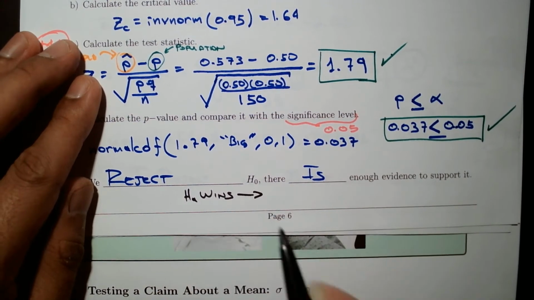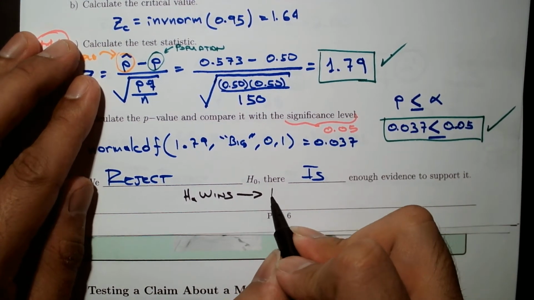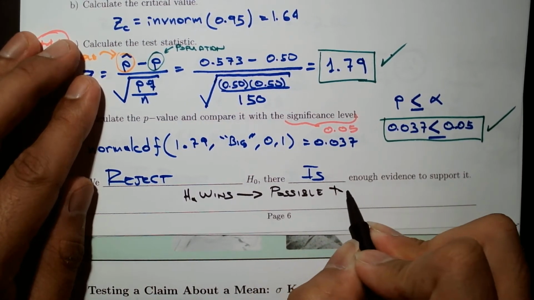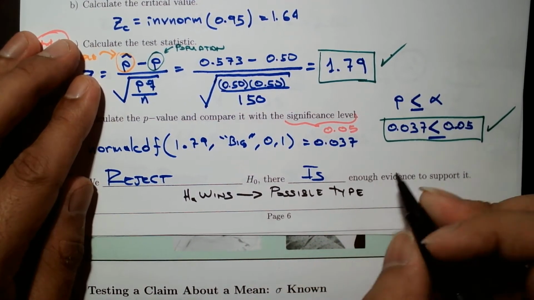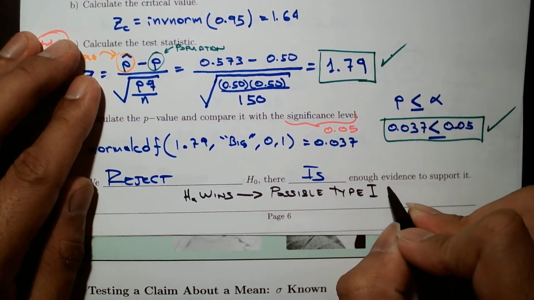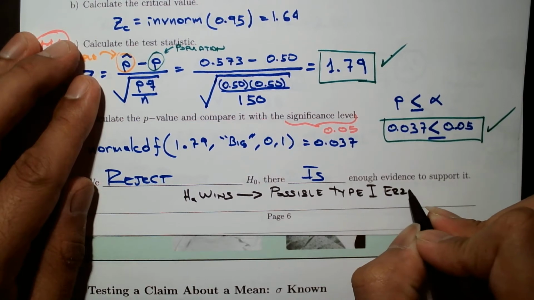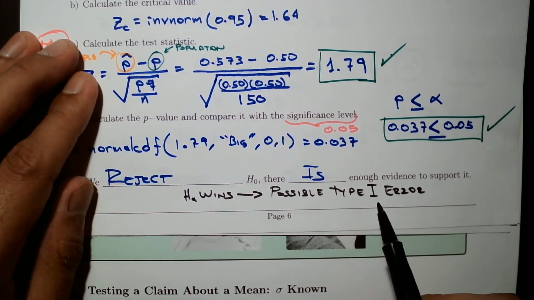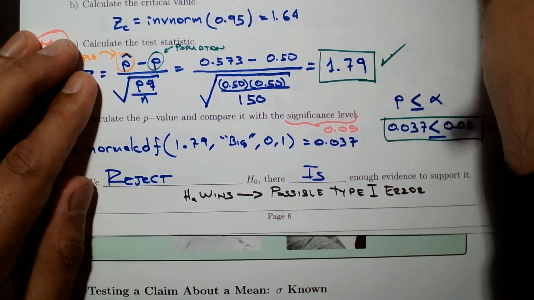So the possible type of error in this case is type 1 error. Not that there is an error, but there could be an error.